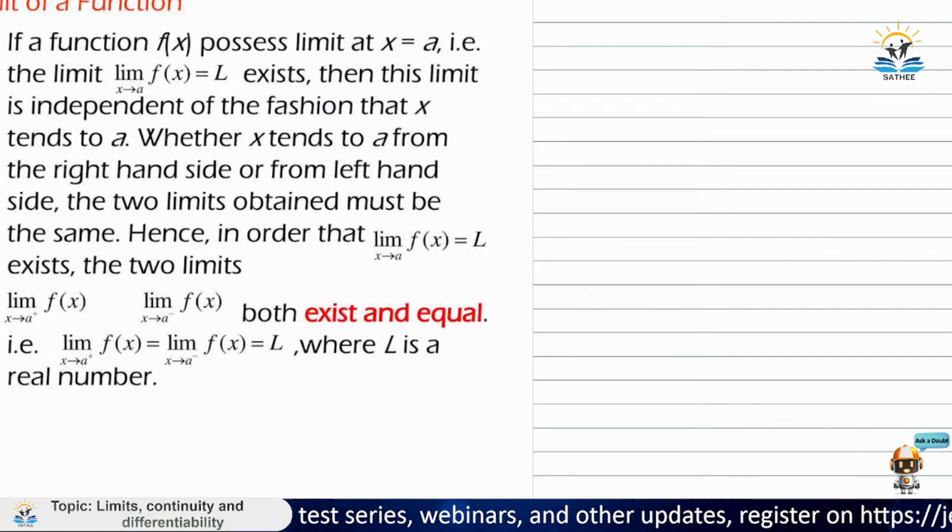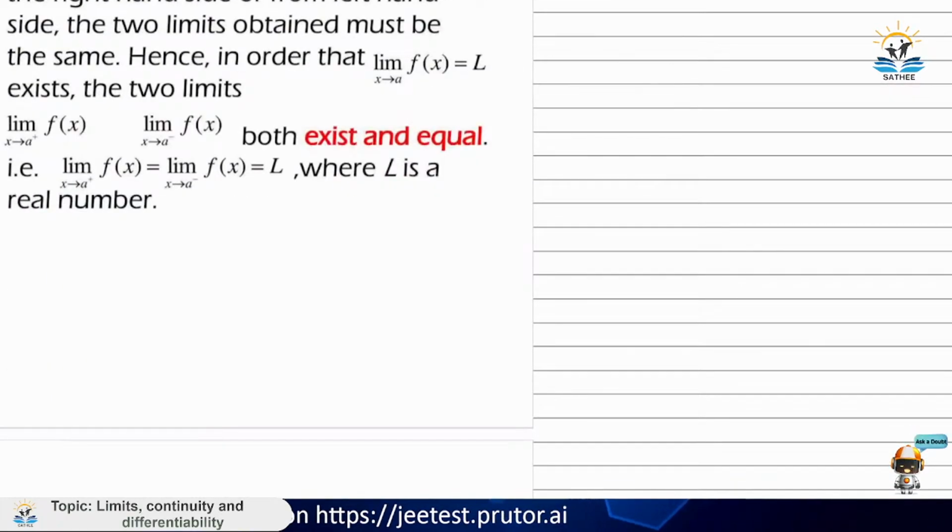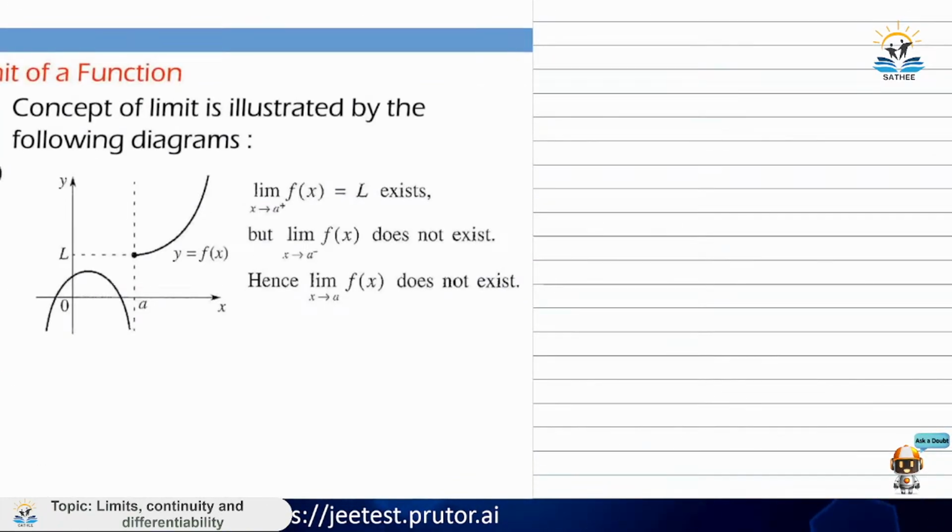Hence, in order that the limit as x tends to a of f of x equals L exists, the two limits, limit x tends to a positive of f of x and limit x tends to a negative of f of x, must be equal, and they both must exist first of all. So yeah, it is pretty understandable, as I said earlier.